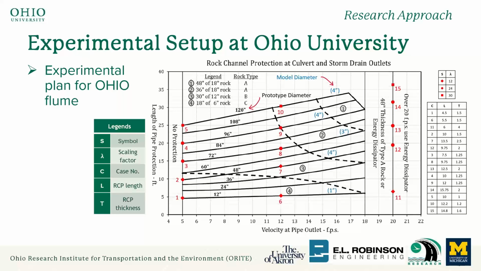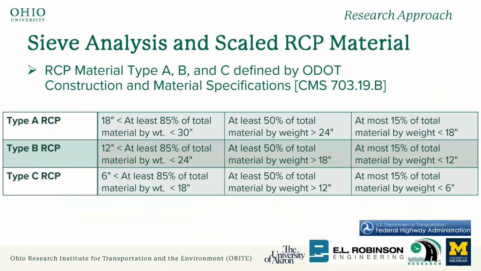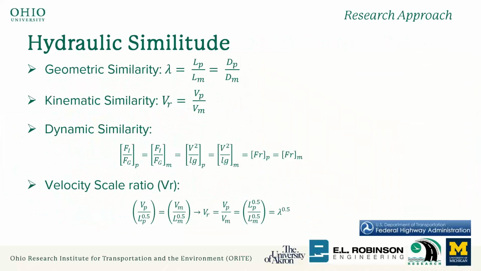Yep. Okay. I think the question is about what scaled linearly. Geometric scaling is 16:1. The velocity scaling is going to be the square root of that, or 4:1, meaning that if we have a 4 foot per second velocity at prototype scale, that will correspond to a 1 foot per second velocity at model scale.